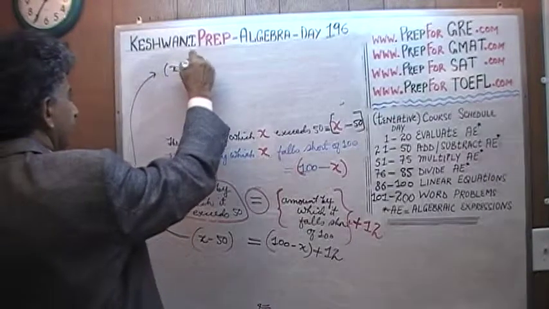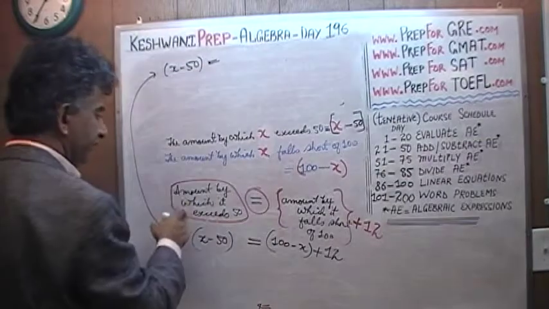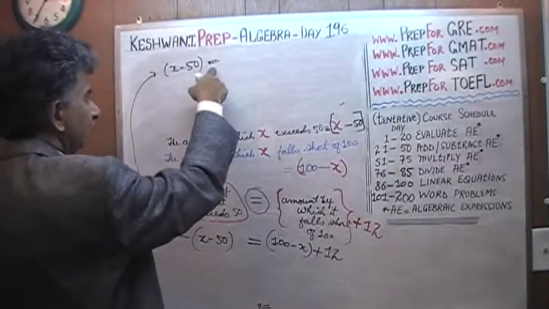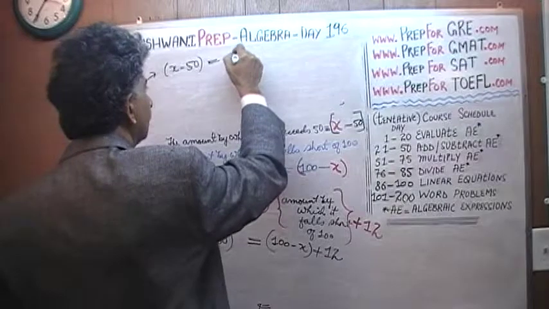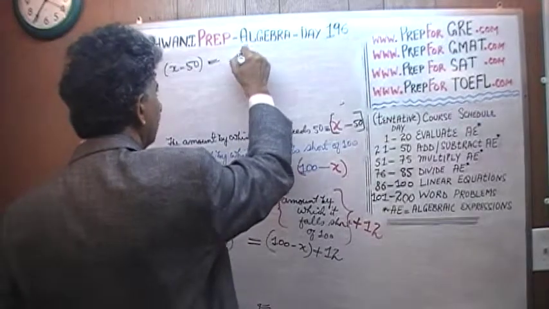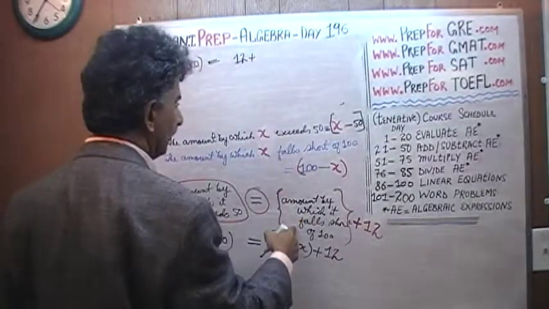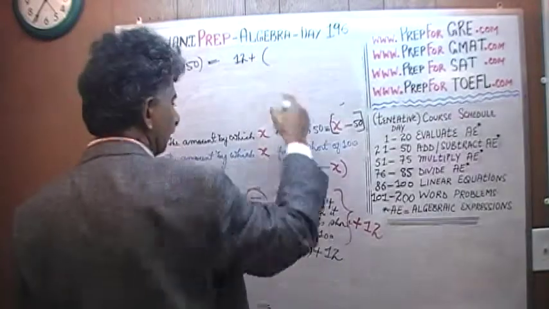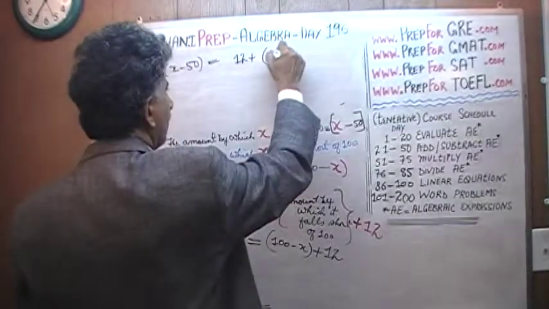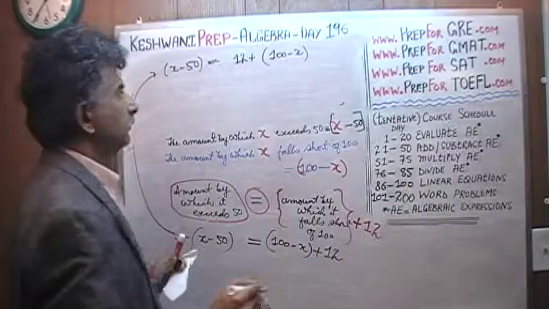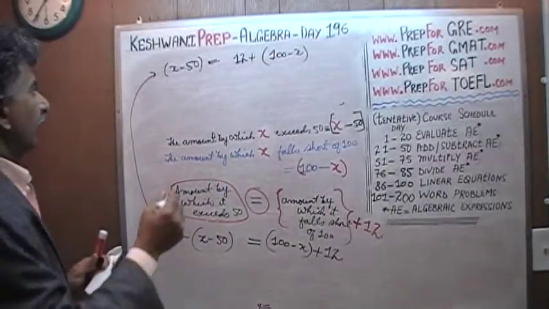X minus 50, the amount by which it exceeds 50, equals 12 more than the amount that it falls short of 100. Let's solve for x then.